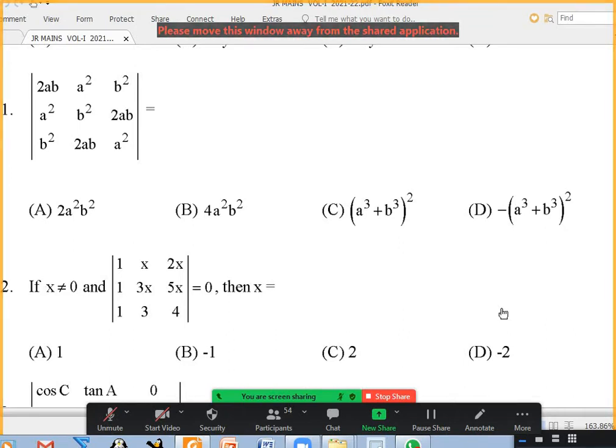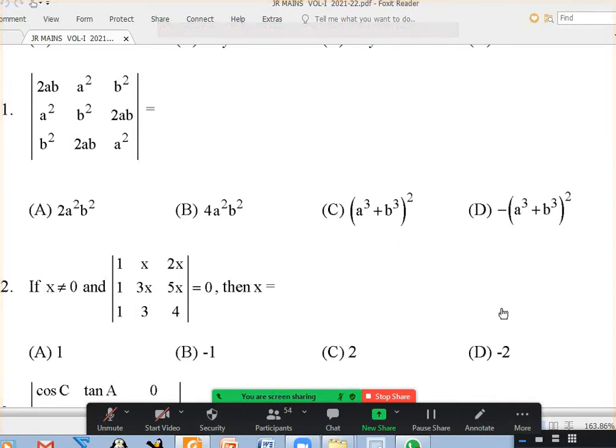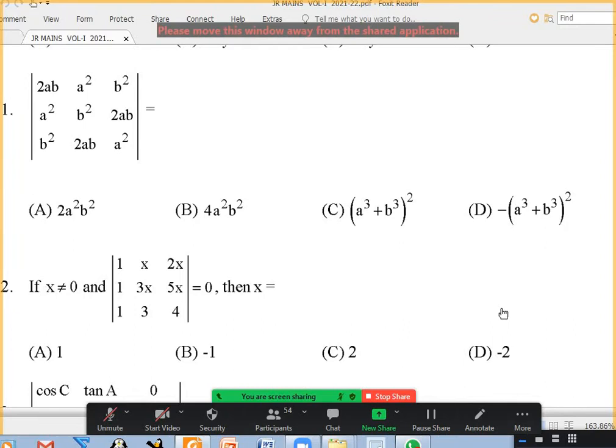Somebody said option D. Who is that? Which girl told that? Just now somebody said option D. No, who is that? Me, sir, Shravya. Shravya, how have you done? Shravya, have you done 51?